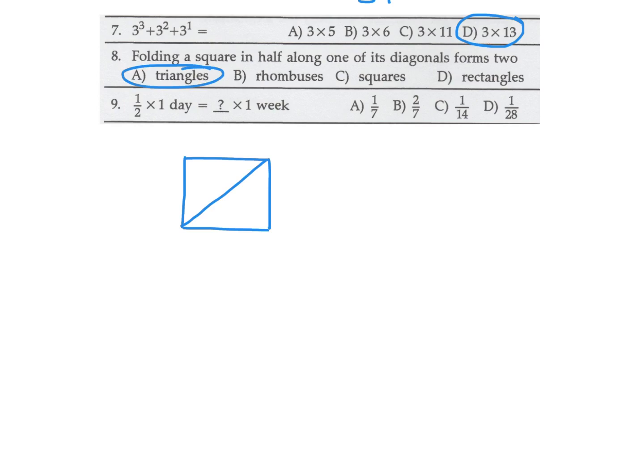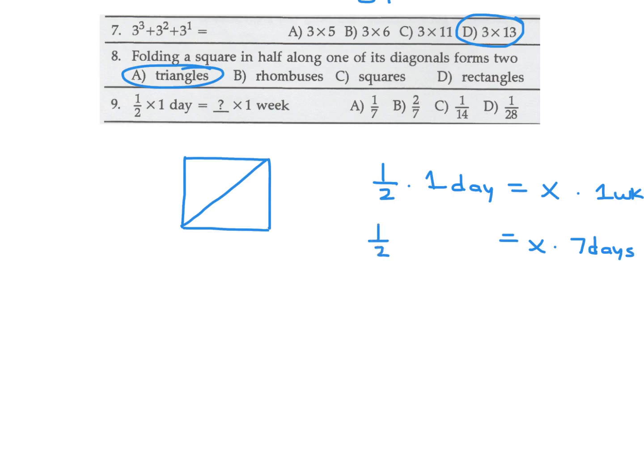1/2 times 1 day is equal to something times 1 week. So 1/2 times 1 day is equal to something, well, again, we'll call it X, times 1 week. Okay, so 1 week is 7 days. So 7 days times something is 1/2 times 1 day.